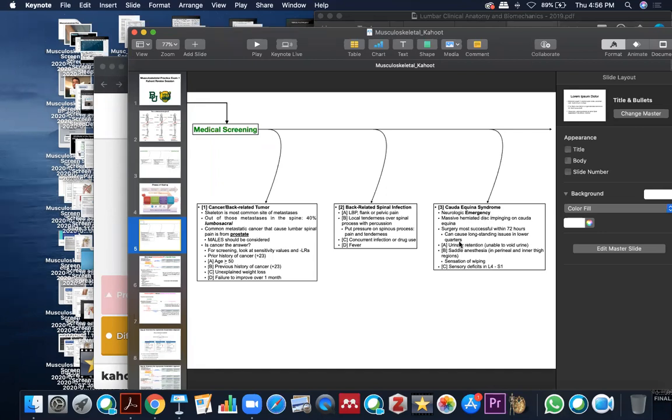So three things. You've got urinary retention, so unable to void urine, saddle anesthesia, and then sensory deficits anywhere between L4 and S1. David, I don't remember which instructor said it, but one said initiating urination was the problem, and I think they were using the term initiating loosely.